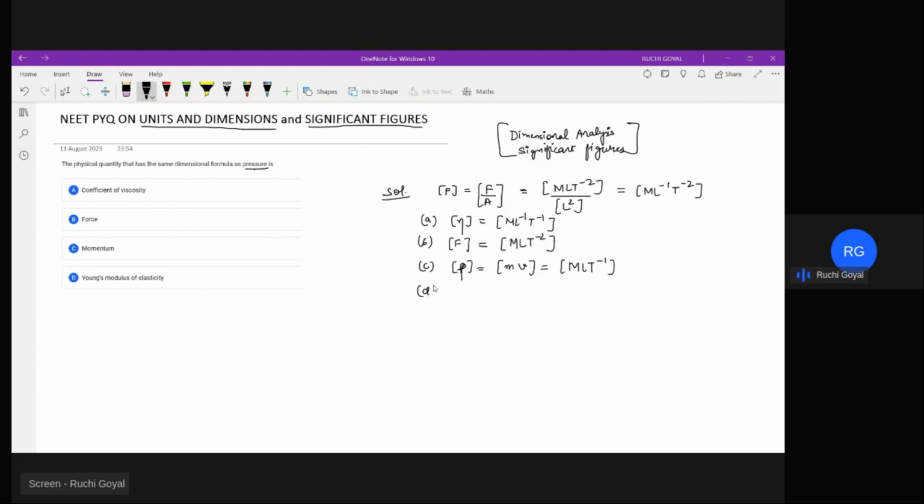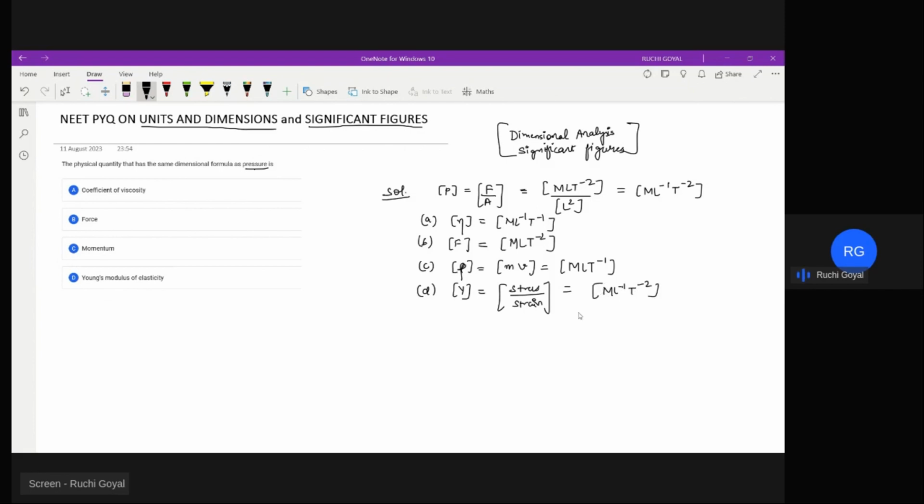And fourth is Young's modulus of elasticity. It is denoted by capital Y, right? Young's modulus of elasticity means stress upon strain. So its formula is ML^-1T^-2.